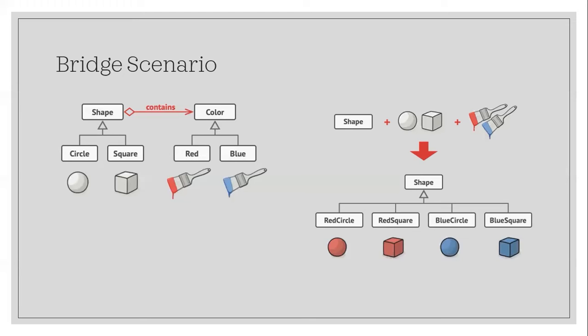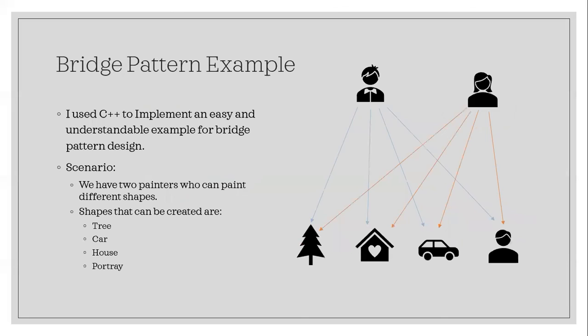And that's how we solve that growing class issue that we had with the method that I first explained, using the bridge pattern. So I implemented an example similar to the scenario that we went through.